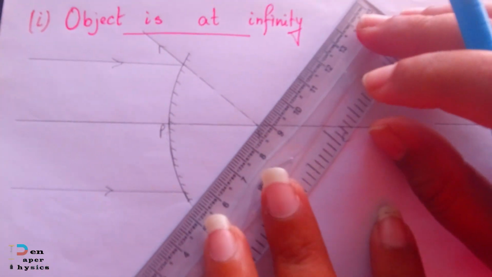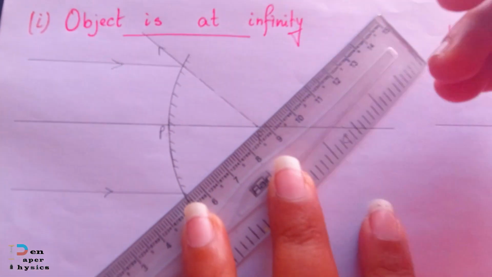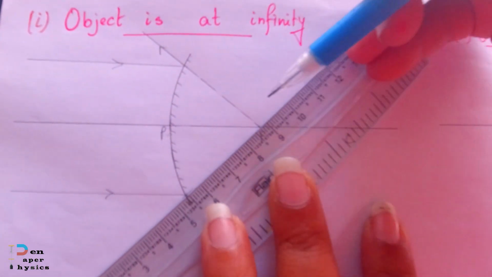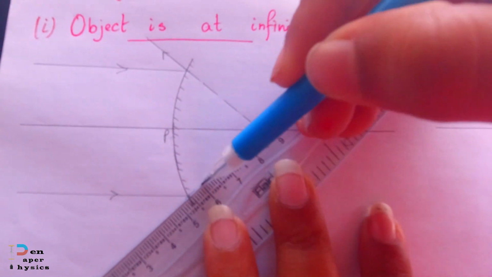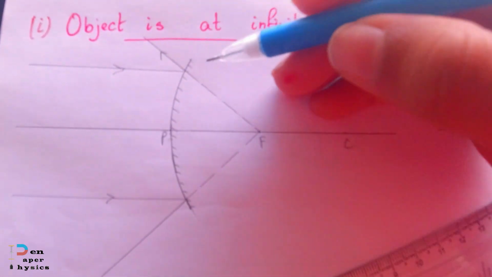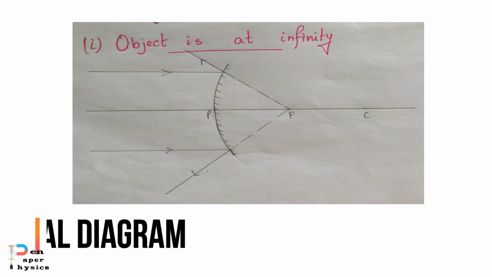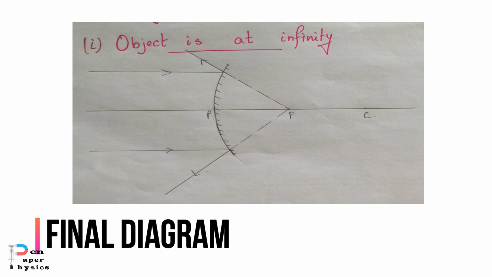And without changing the alignment of line, we will extend it in front of the mirror. So here is your final diagram.